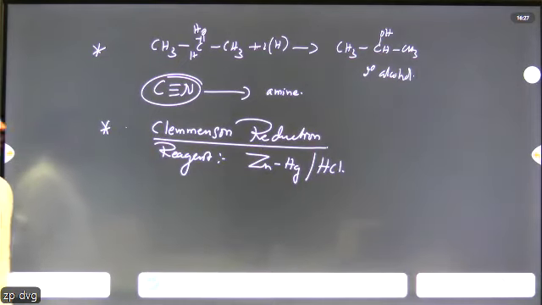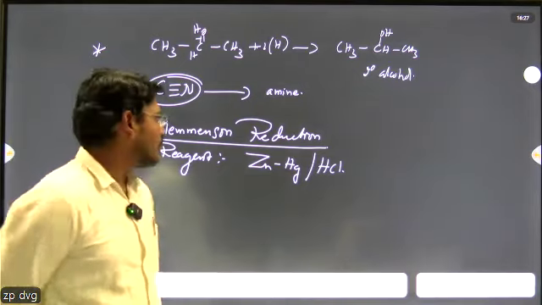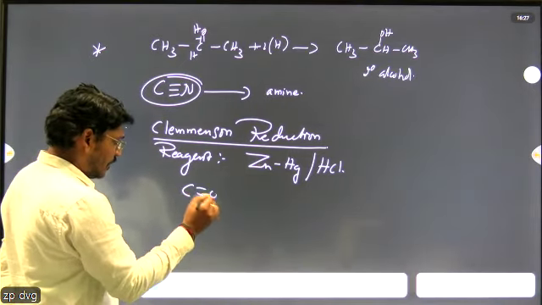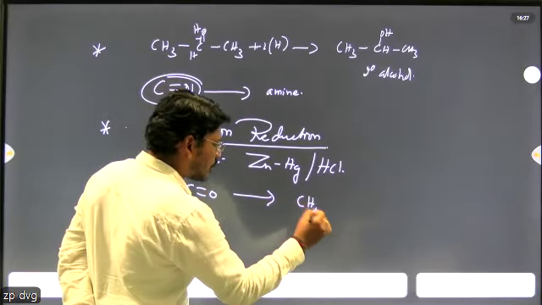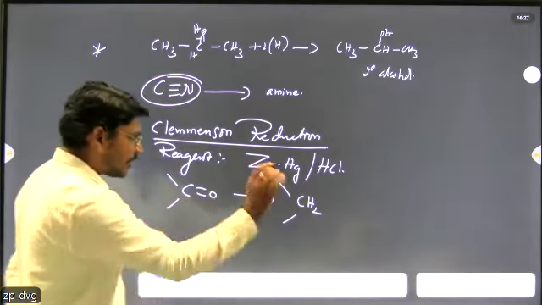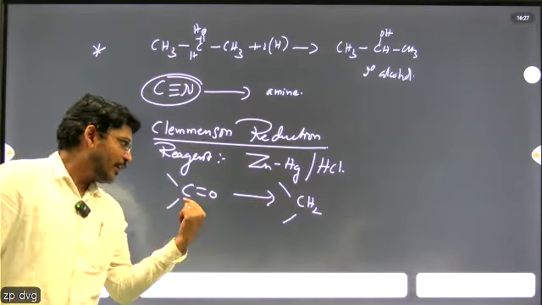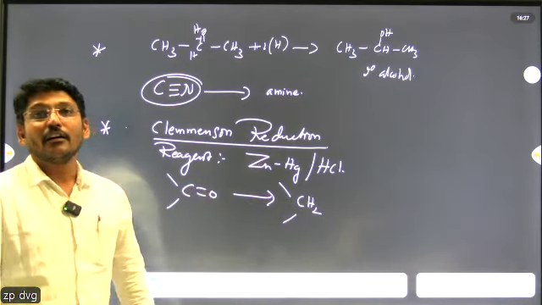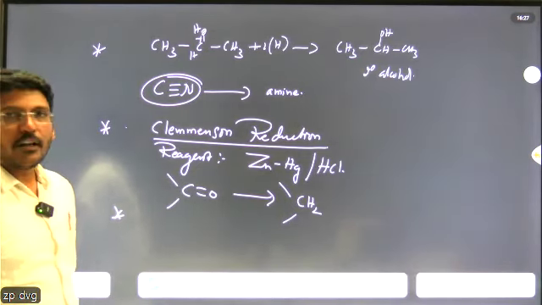When we are using zinc amalgam with HCl, automatically aldehydes and ketones are converted into hydrocarbons. The major point is that we are converting a C double bond O carbonyl group into CH2 hydrocarbons. So the oxygen is completely removed and addition of hydrogen atoms takes place. Addition of hydrogen is considered reduction.